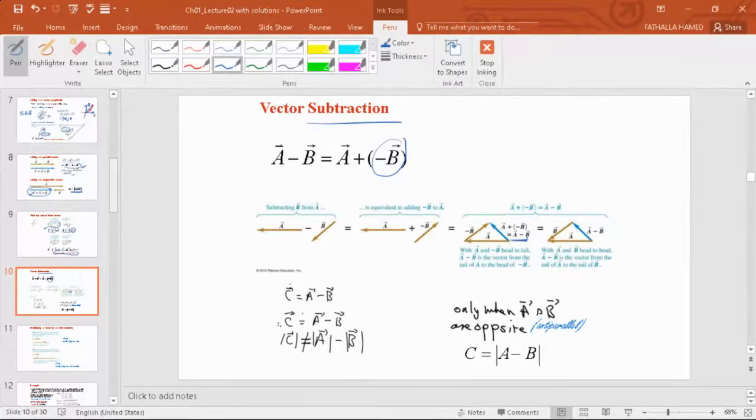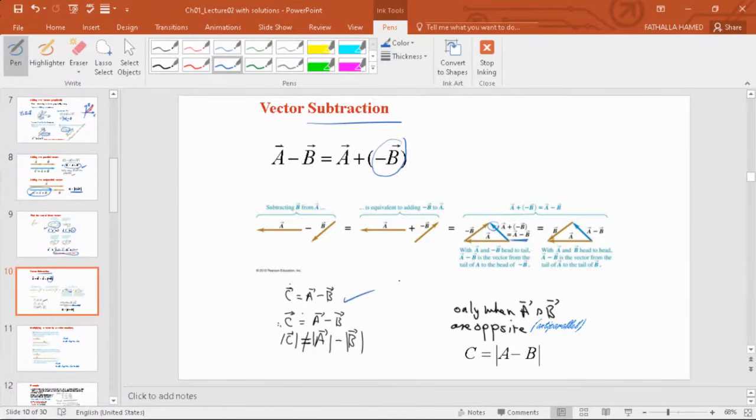Now, the head of the vector here will point toward the second one. So you have to be careful with this notation here. And this is basically how you deal with subtraction of vectors.